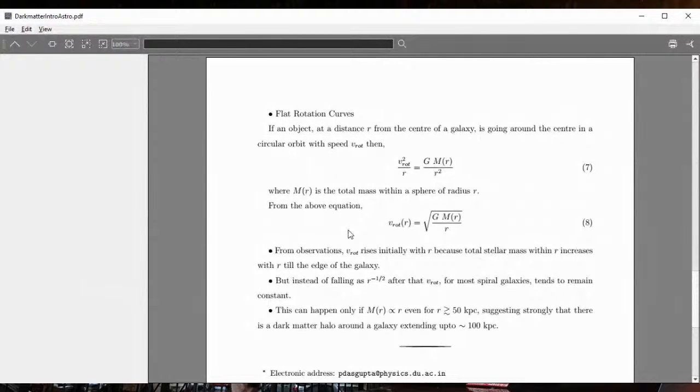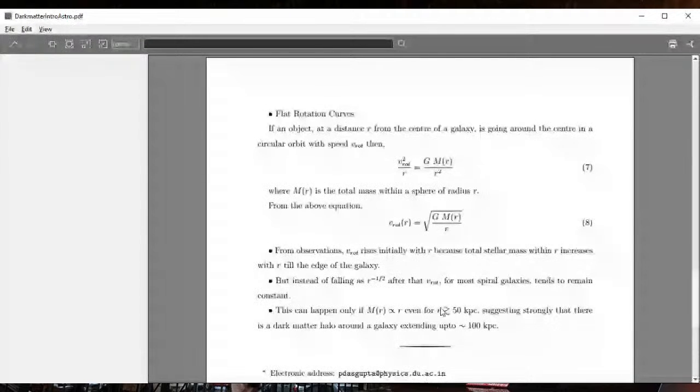What does it mean for the rotational velocity to be constant? If it has to be constant, then M of r divided by r, for r larger than 50 kiloparsec, must be constant. M of r by r can be constant only if M of r is also proportional to r, so that r gets cancelled. But what is M of r? M of r is the total mass enclosed within a radius r, and we are talking about radial distances greater than 50 kiloparsec.